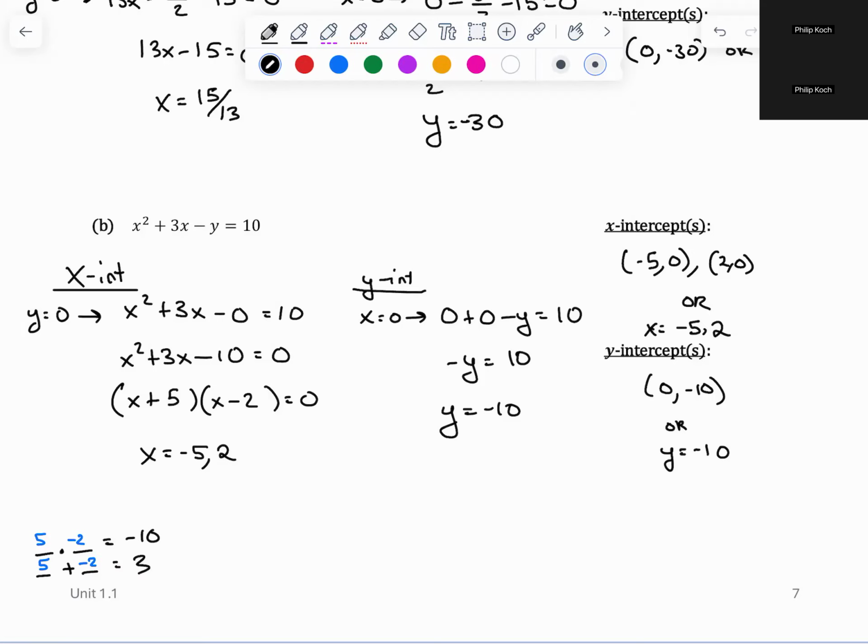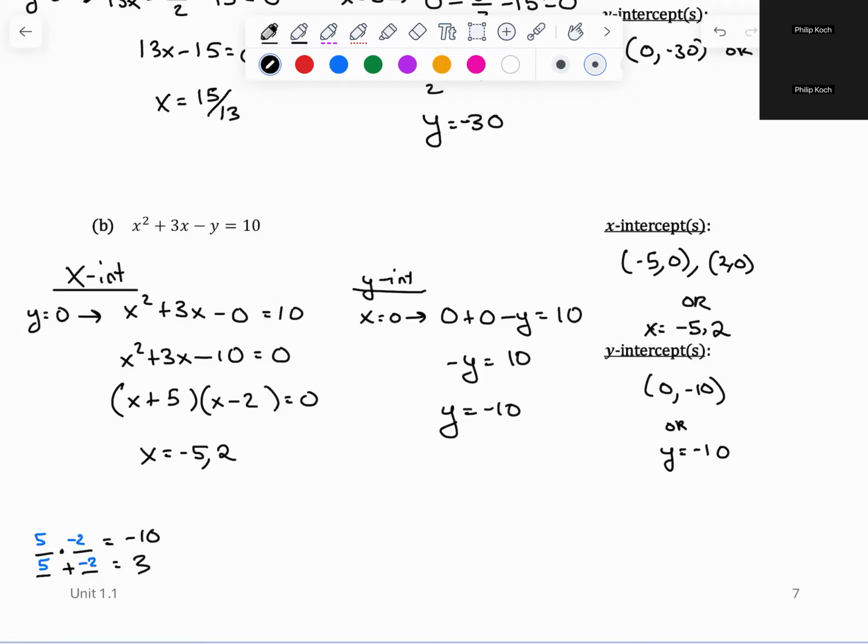I subtract the 10 from both sides because that's a polynomial equation. That's a polynomial equation. And how do we solve those? We use the zero product rule, i.e. you want to set everything on one side and 0 on the other, and then rewrite it as a product. So x plus 5 times x minus 2 equals 0. That's the numbers I found at the bottom.